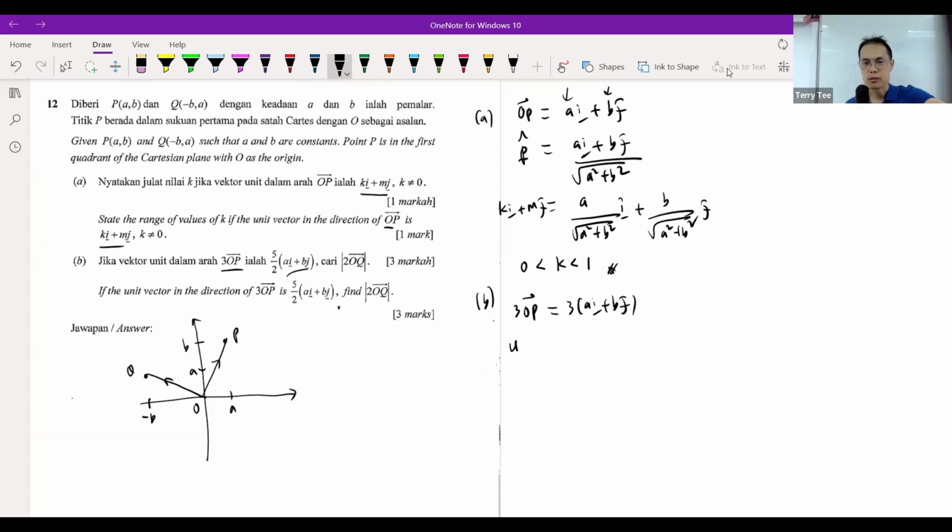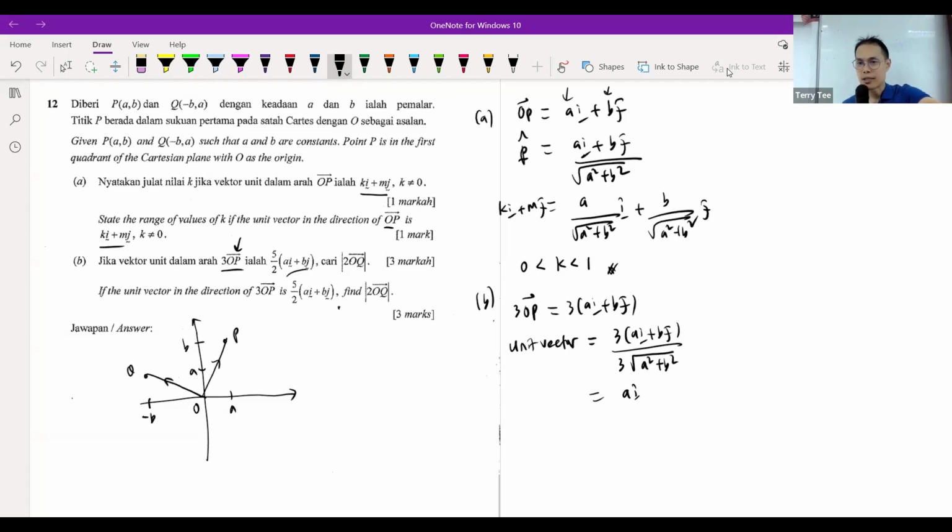The unit vector of 3OP will be the vector divided by its magnitude. So the magnitude is also 3 times square root of a squared plus b squared, which we can simplify. Cancel. So it's actually a waste of time, because the unit vector for 3 times OP is the same as the unit vector of OP itself.